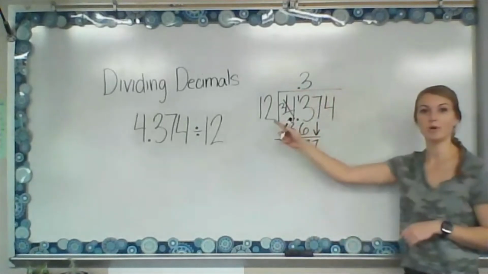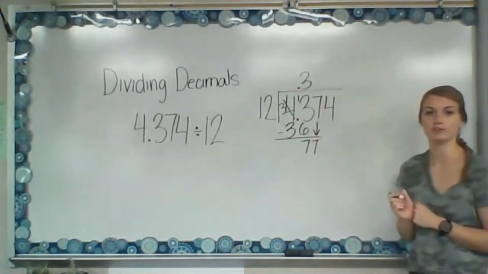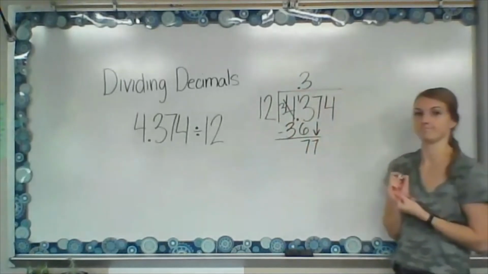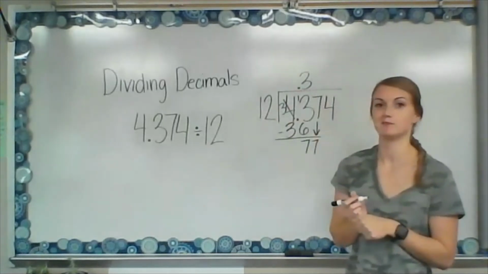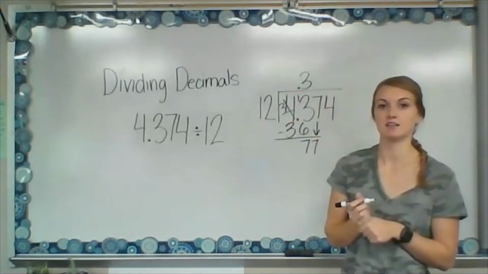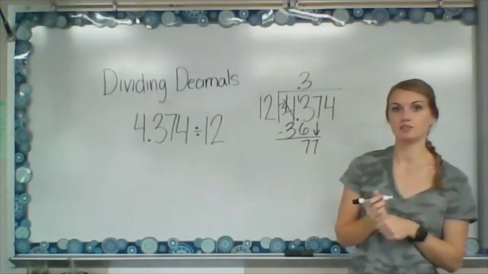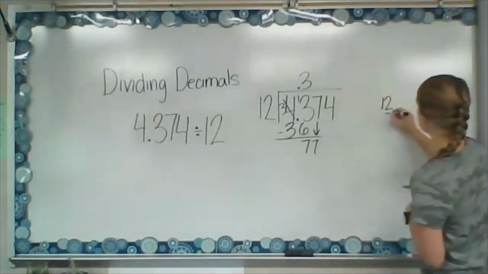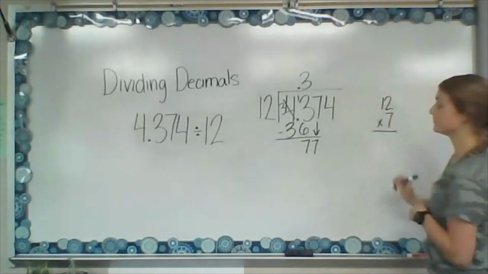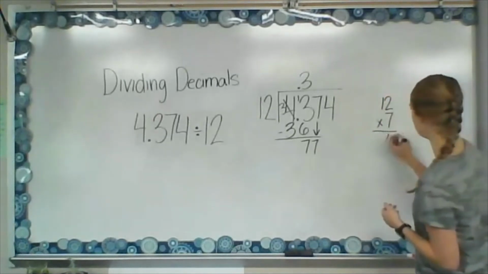And how many times does 12 go into 77 without going over? I know 6, let's see. 12 times 5 is 60. So maybe let's try 12 times 7, maybe? 7 times 2 is 14, so 4.